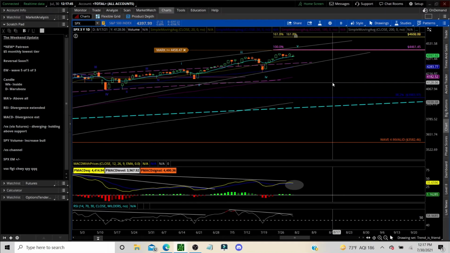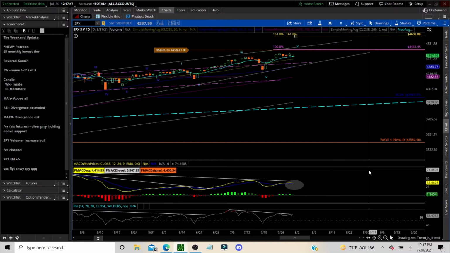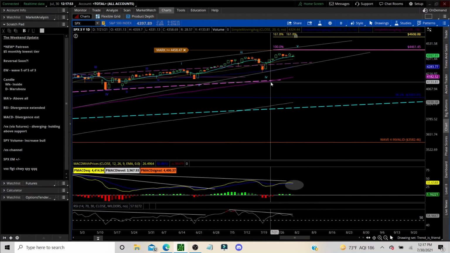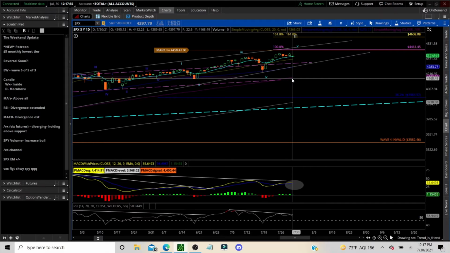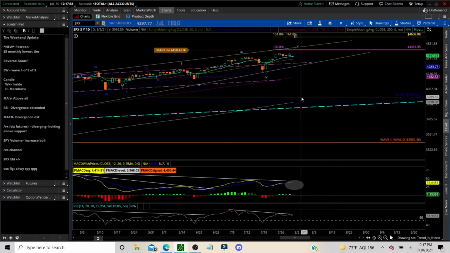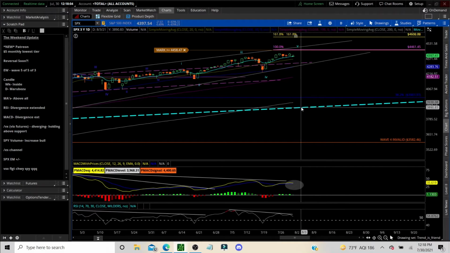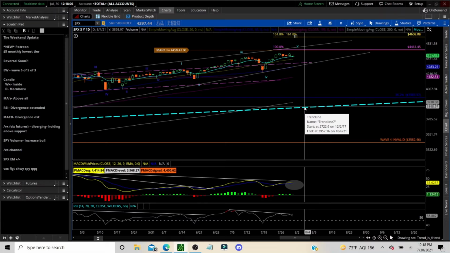You take the best probability of what's happening at the time, and if we start to break down, we have the wedge, we have the rising pivot along with the 100 moving average, and then we have the 38.2 along with the 200 MA as well. And then we have a big time rising pivot, which if we break down from there, I really think something else is really going on.